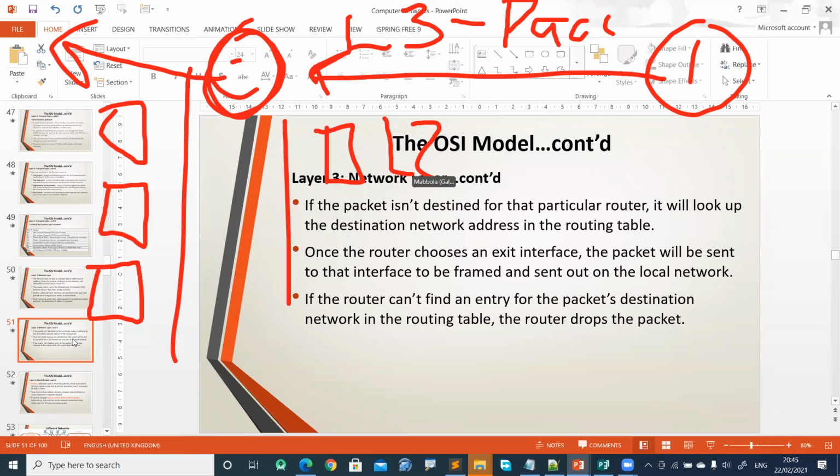Layer 2 has to be involved as well, because layer 2 deals with MAC addresses, and I told you that MAC addresses are like fingerprints of a computer, and the data at layer 2 is called the frame. Those data items are called frames.